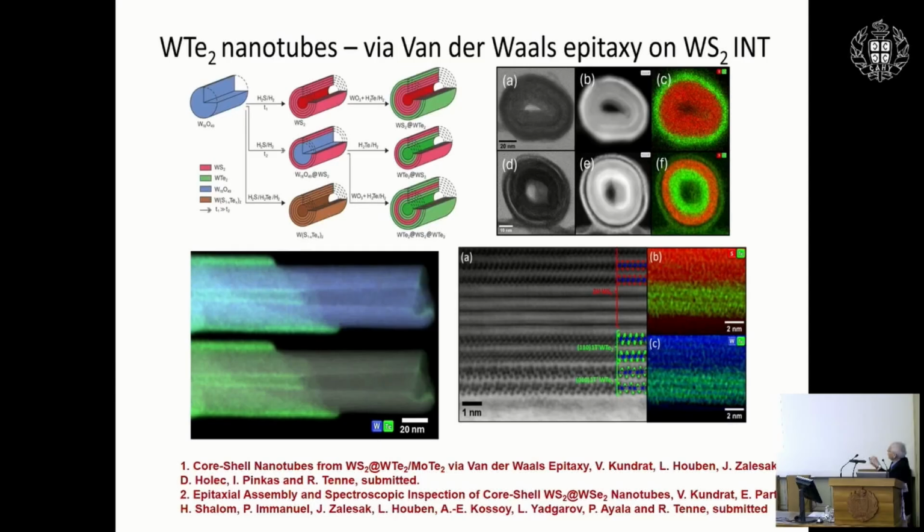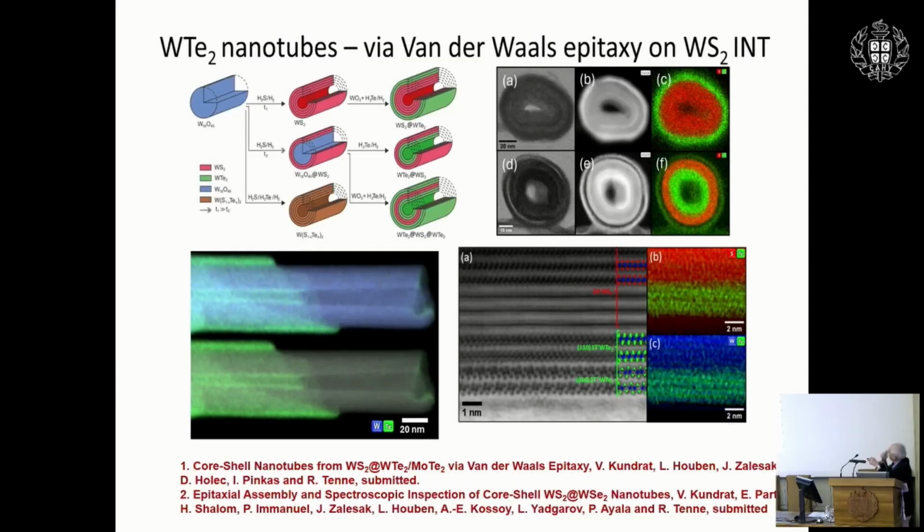Now the core is stable and you can evaporate tungsten ditelluride, or use hydrogen telluride or hydrogen selenide, either from outside, and then you get a tungsten ditelluride coating the tungsten disulfide core, or you can even do that inside. So in this case, you can have tungsten ditelluride both inside and outside.